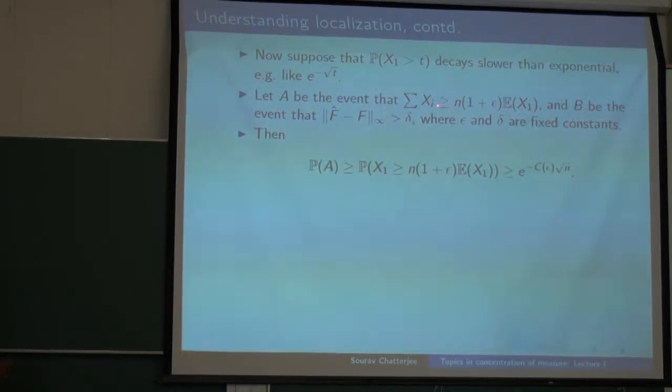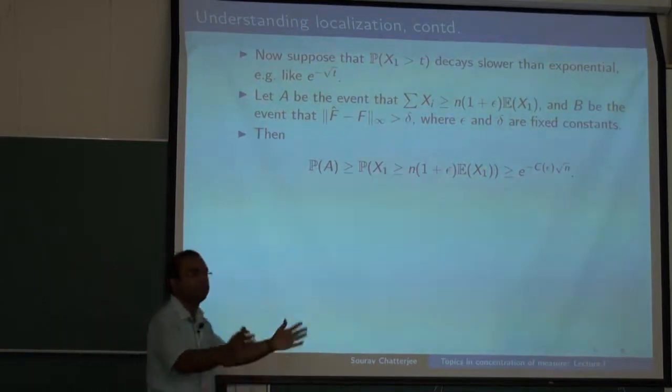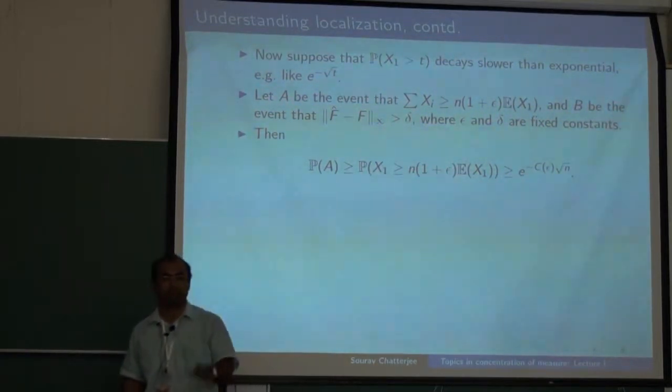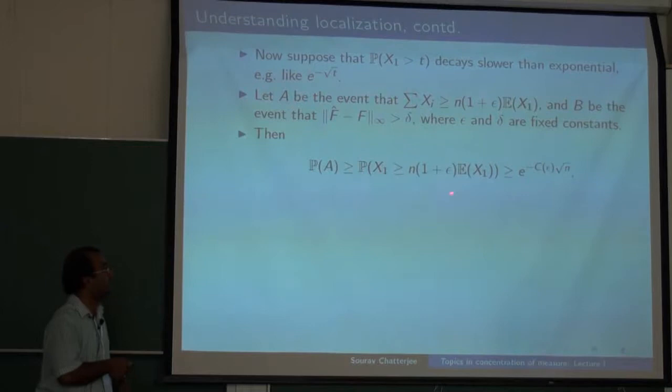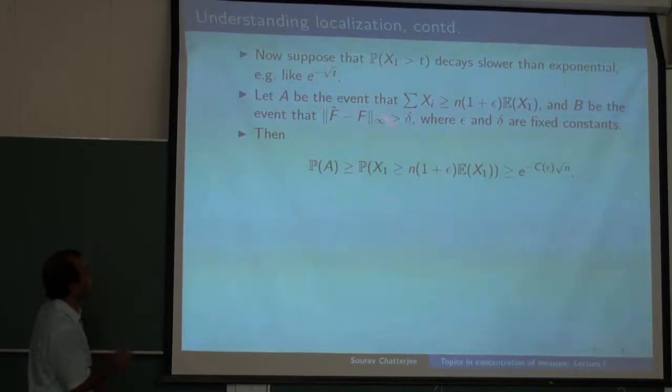Then the probability of the event A is lower bounded by the probability that x1 exceeds this. One element can exceed the whole sum. That will imply that the total sum exceeds this, since these are non-negative variables. Now, since you have this sort of decay, it will be bigger than e to the minus some constant depending only on epsilon times square root n.